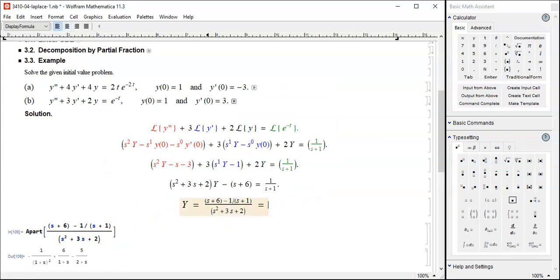I got, let's see, negative 5 over s plus 2 plus 6 over s plus 1 minus 1 over s plus 1 total quantity squared. Looks like that's what I got.